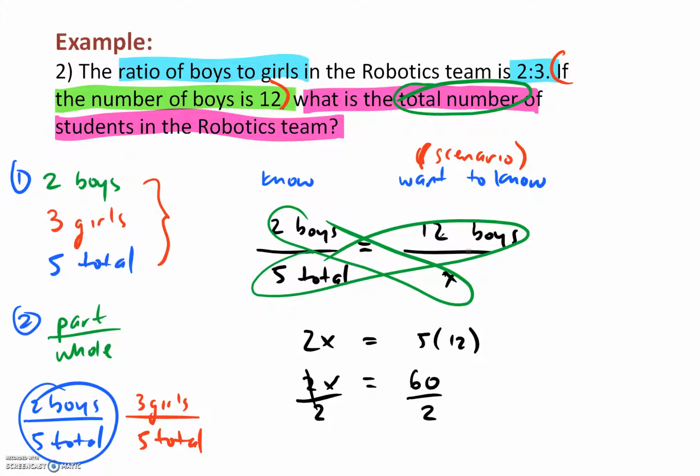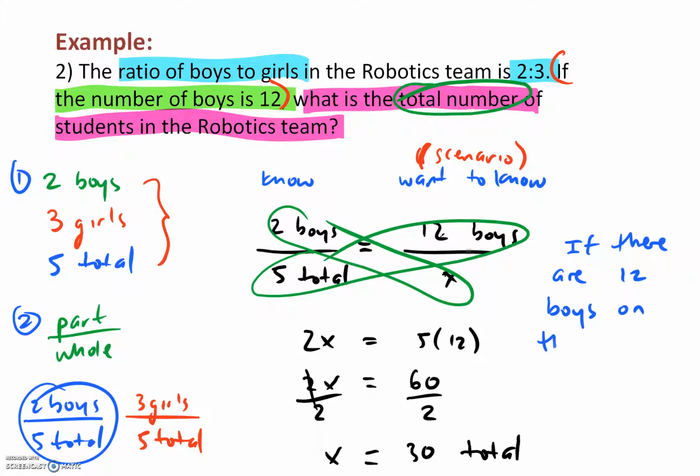We're left with 1x, which is just x, equals 30 total. Alright, so what this means is, if there are 12 boys on the robotics team, then there are 30 total.